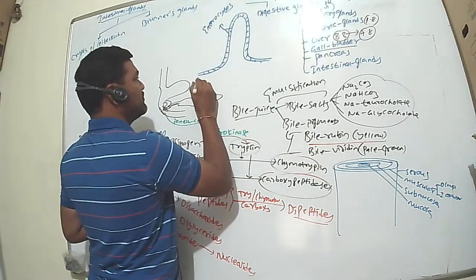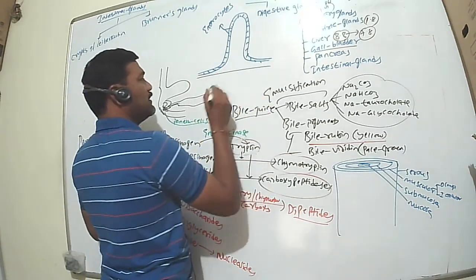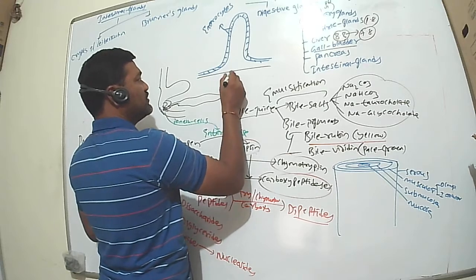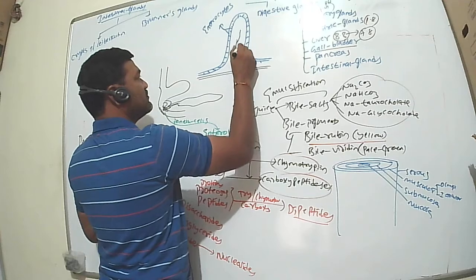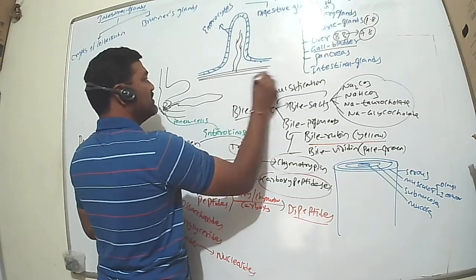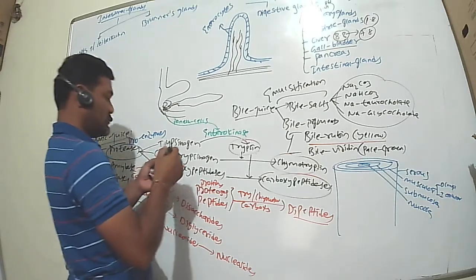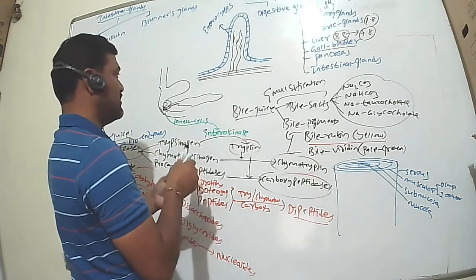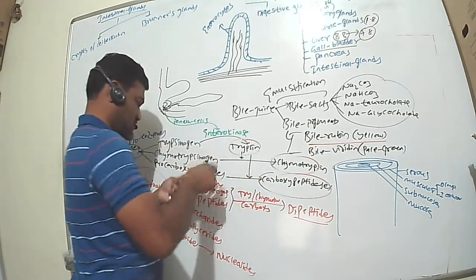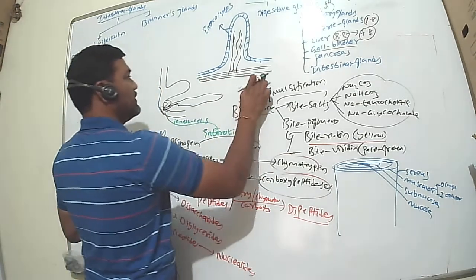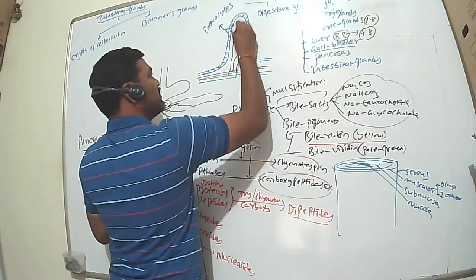Here you have an artery which gives arterioles and capillaries. You have a vein which gives venules and capillaries. You have a nerve which gives nerve fibers. And also there is one lacteal. There is a lymph duct, which I'll show in green, and this lymph duct gives one lacteal.